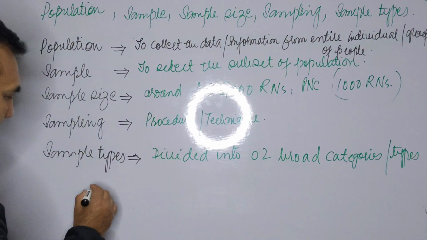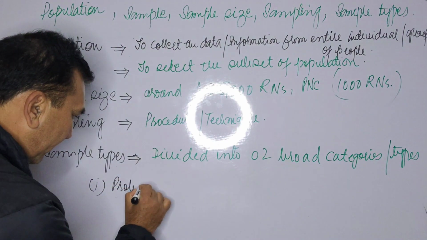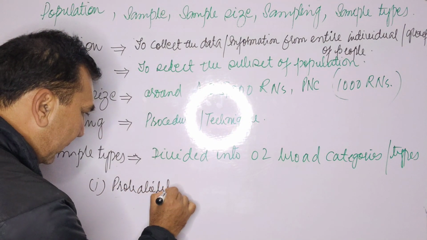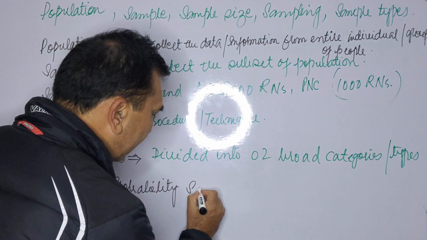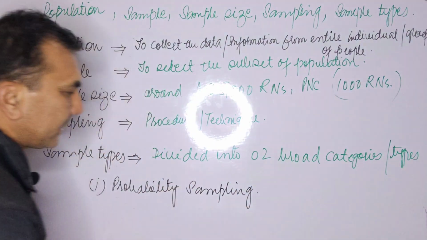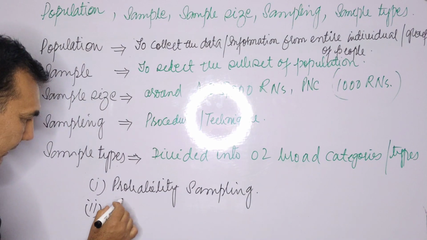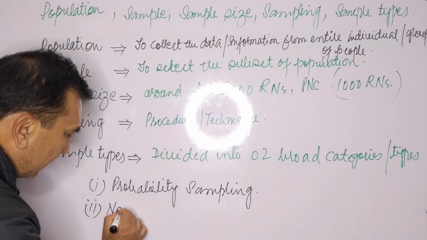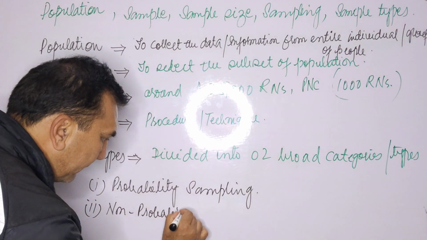The one type is called probability sampling, and the second one is called non-probability sampling.